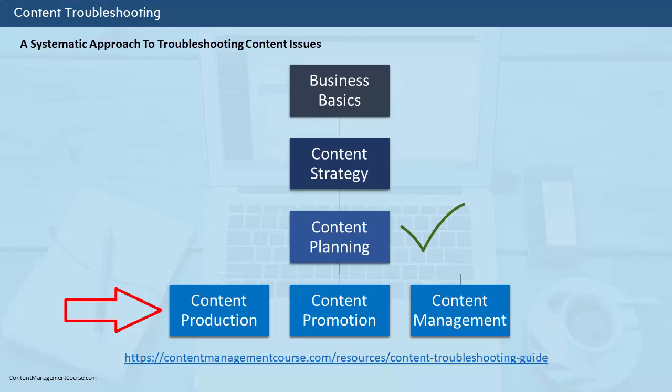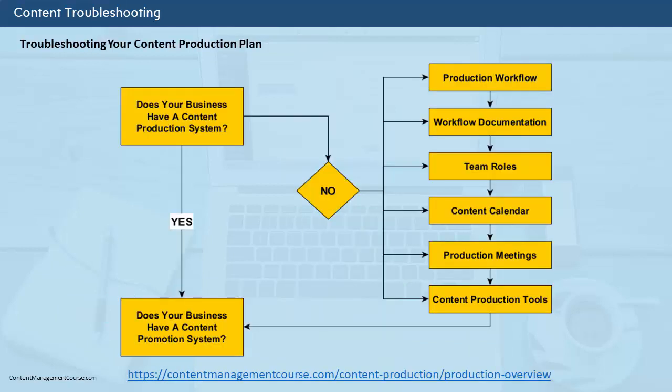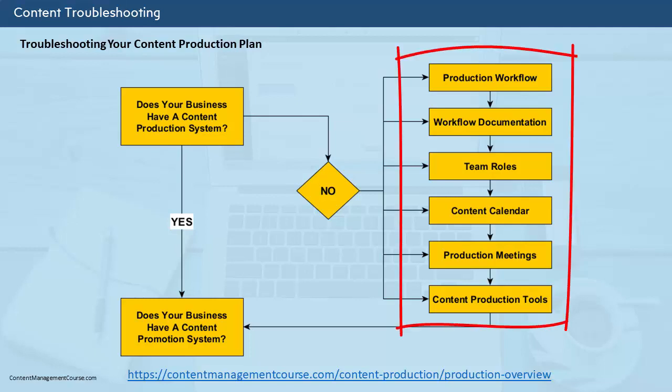So, for example, if having no content pipeline is still an issue, you would look at your content production plan and see if there are any issues or problems like poorly defined production workflow processes or a lack of documented procedures, or are people just not following the documented procedures and guidelines, or is there no content calendar, or are there unclear roles and responsibilities, or lack of skills or training in using the right tools, and so on.